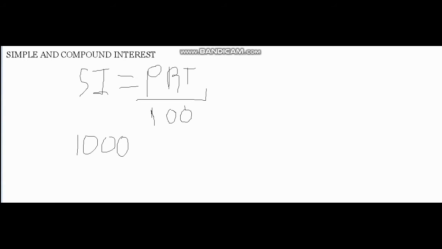So after the first year, you'll have 1,050, and then after the second year, you'll have 1,100. And so that is how you would calculate the amount you have over a certain amount of time with the simple interest. Now let's move on to the compound interest.